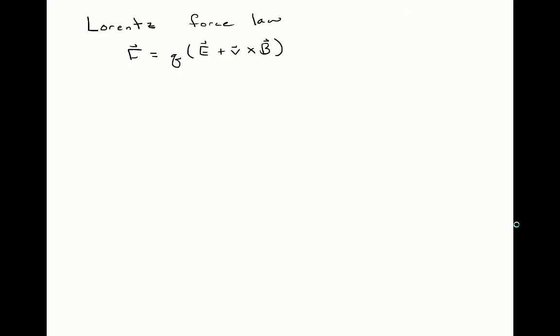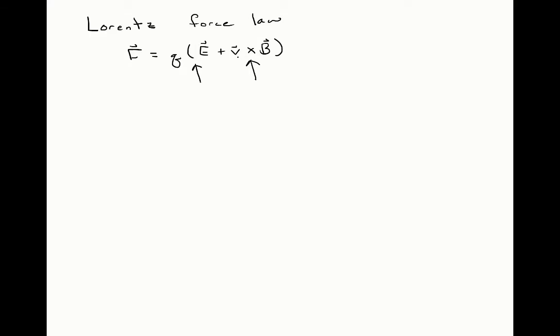The Lorentz force law tells us that stationary charges can have a force on them because of an electric field, so this is the electric force. And it tells us that moving charges can have a force on them from a magnetic field. The magnetic side requires a right-hand rule.